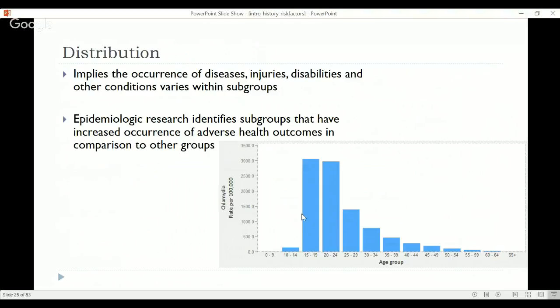And what do you see here in terms of distribution? Well, you can tell that 15 to 24-year-olds have the highest rates of chlamydia. Along with, the 25 to 29-year-olds also have pretty high rates of chlamydia, which is why these groups are usually targeted for prevention, why STD testing is recommended annually for these age ranges.